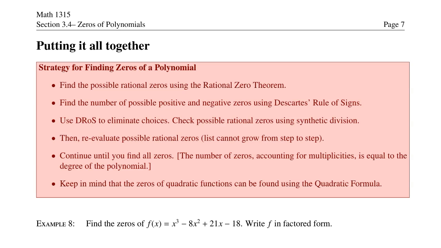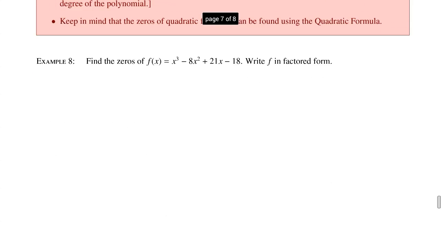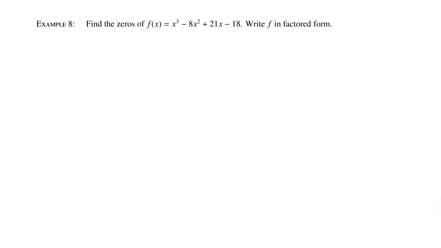Let's use the strategy in example 8. Find the zeros of f of x is equal to x cubed minus 8x squared plus 21x minus 18, and then write f in the factored form. So first off, we want the possible rational zeros.